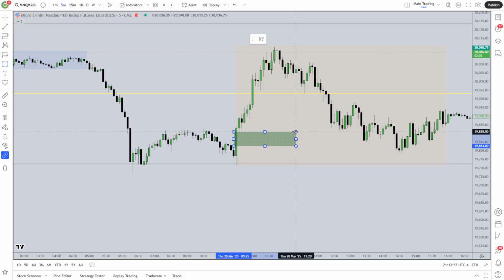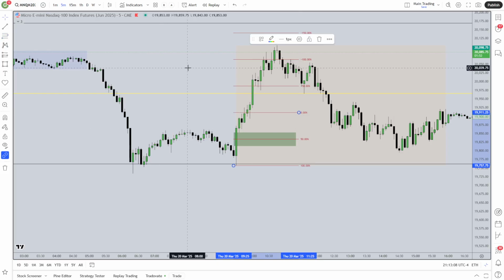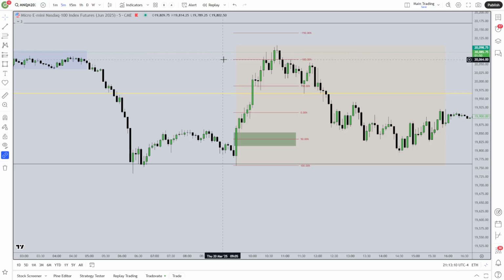So we have a swing low and we have a gap, and we take our measurement from that low. We want the 50% to land right at the 50% of the gap. And we're using the measurements of 1 standard deviation and 1.5. Now the expectation is that as price makes its way up, we want to see how price reacts to these levels.